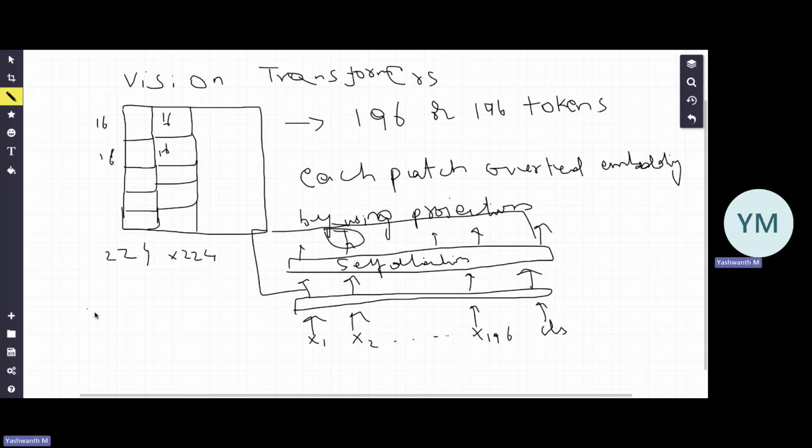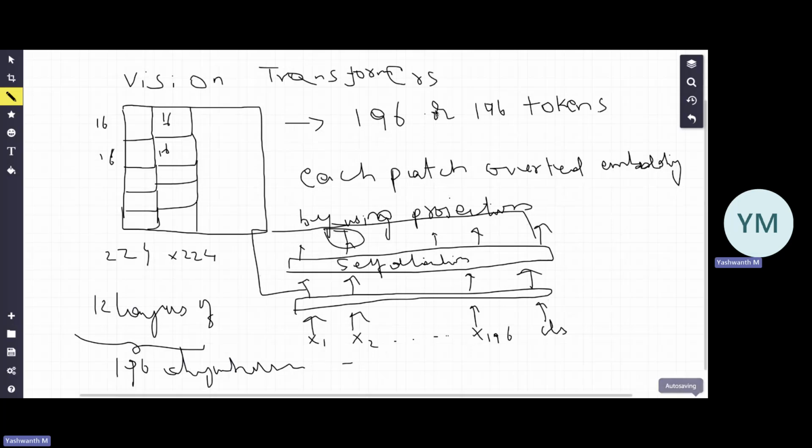Typically, vision transformers have 12 layers of self-attention followed by the feed-forward neural network, with 196 tokens along with the classification token.